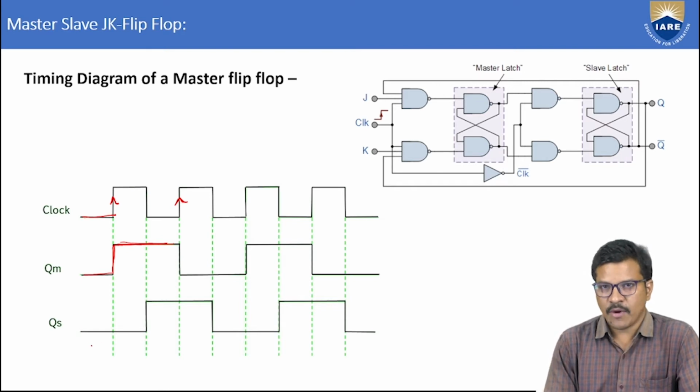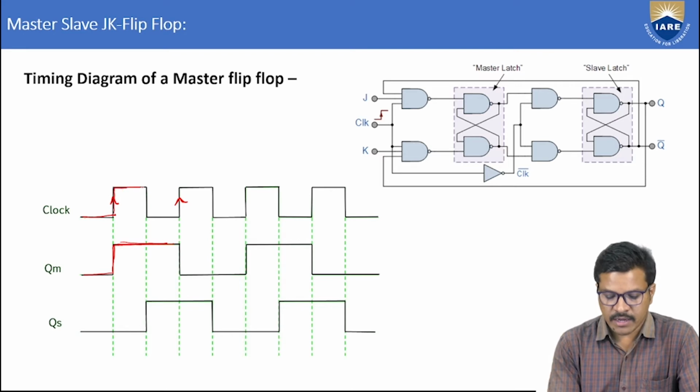For the slave output, when the clock is at the positive edge it maintains logic 1, and then when it reaches the negative edge, immediately the clock bar is active.